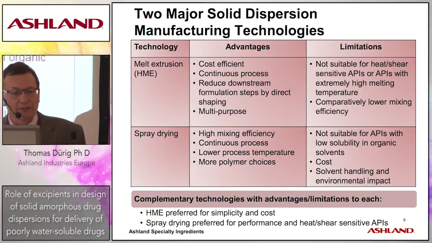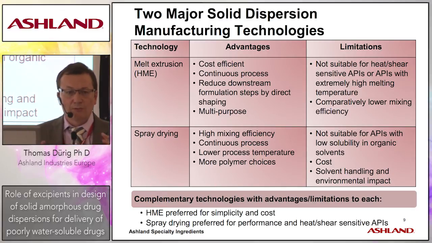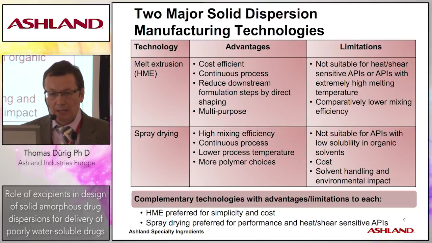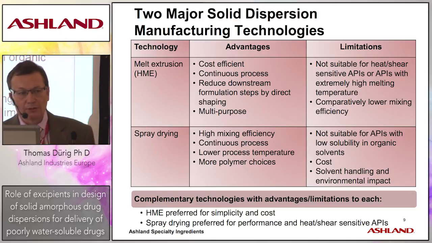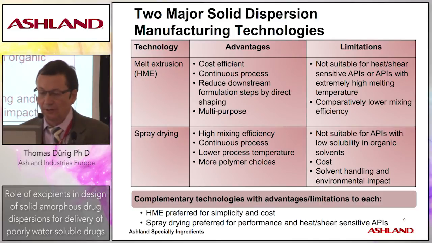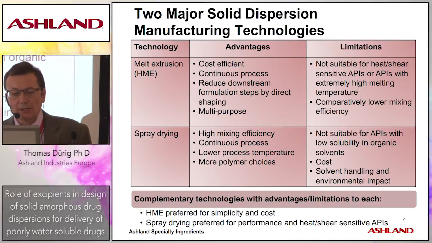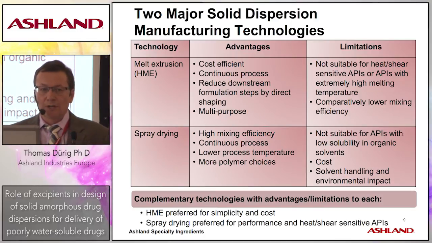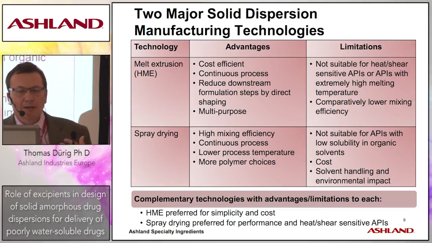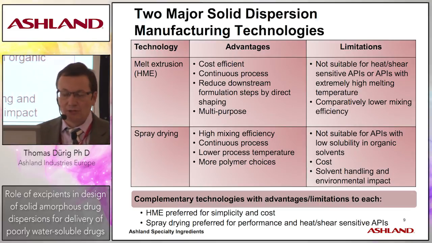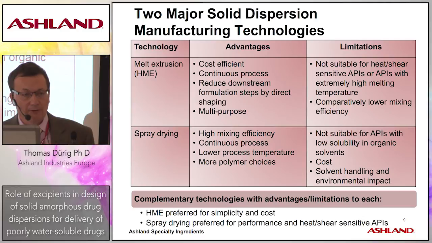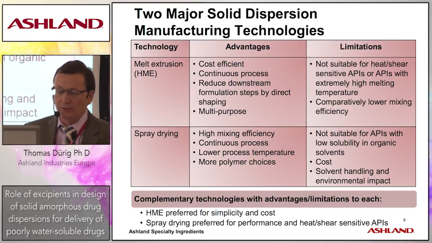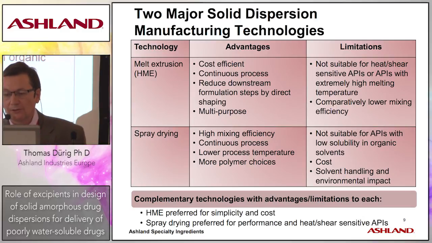So for spray drying, that's really one of the major advantages. If you truly want a perfectly mixed, intimate interaction between the polymer and drug, spray drying is the state of the art currently. It too is a continuous process, or can be run as a continuous process, one would say. And then, of course, the other big advantage is because you're not worried about will the polymer be thermoplastic enough for extrusion, you tend to have more choices of polymeric carriers in spray drying, whereas those tend to be a bit more limited in hot melt extrusion.